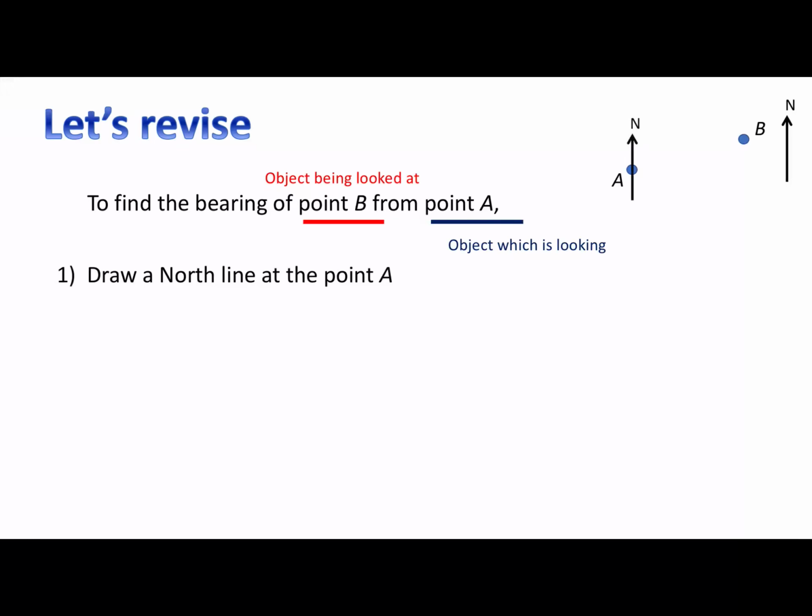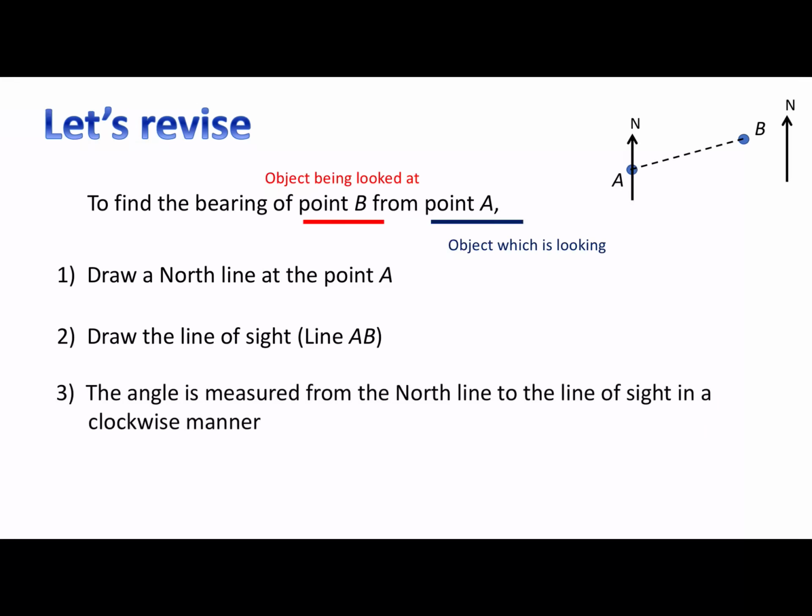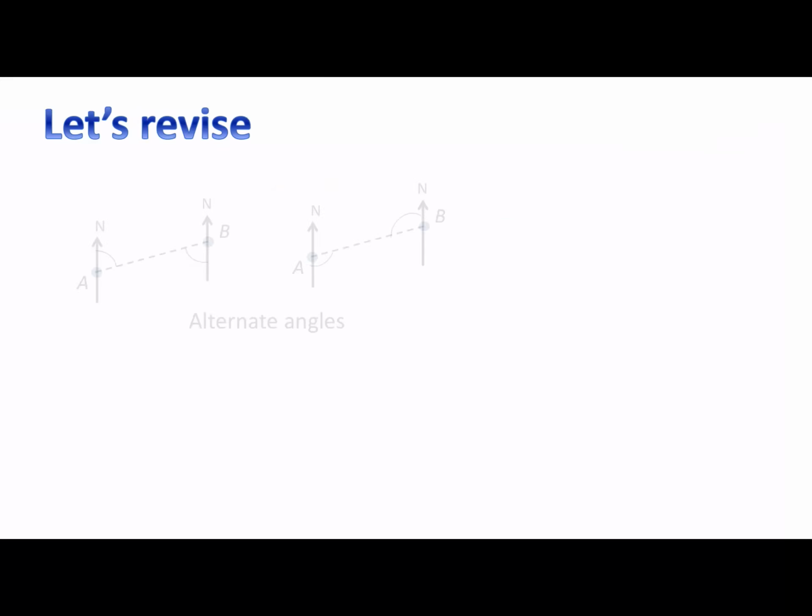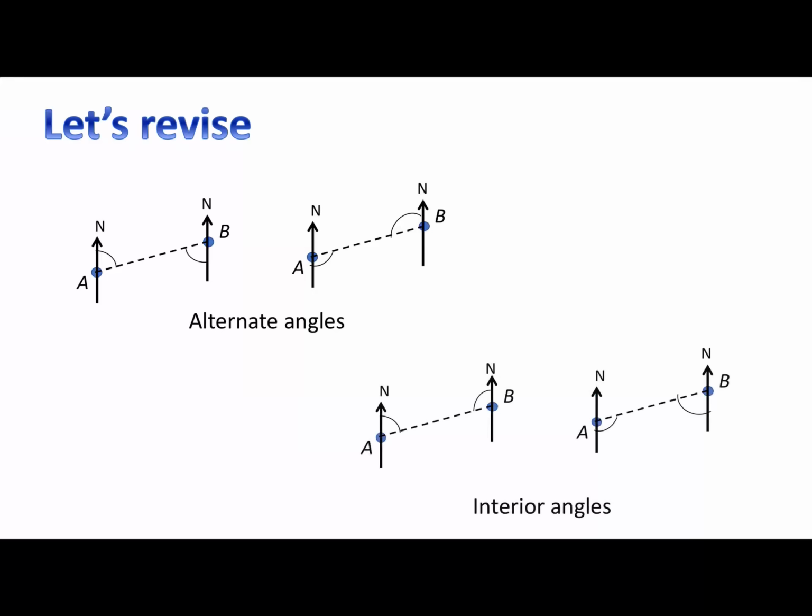Then you draw the line of sight, which is this one. And then the bearing is drawn from the north line to the line of sight as follows, in a clockwise manner. And remember, you start drawing from a point above point A on the north line, and then you go clockwise. And then we did the following: we identified the alternate angles, where they are equal, and interior angles, where they add up to give you 180 degrees.